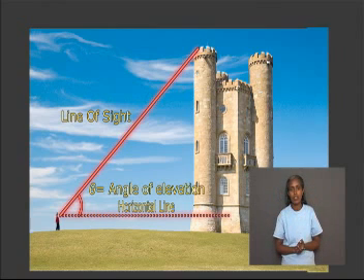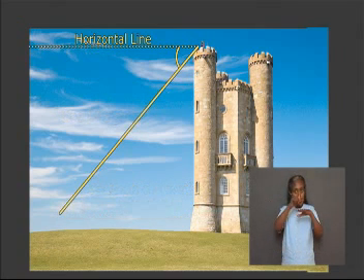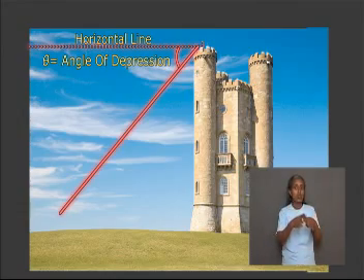The angle formed between your line of sight and the ground is called the angle of elevation. If you are at the top of the tower looking down, the angle formed between your line of sight and a horizontal line is called the angle of depression.